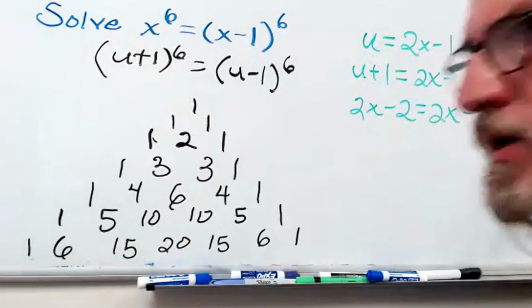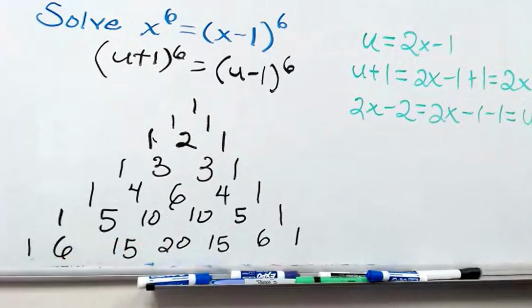So with the quantity u plus 1, all of that to the 6th power, I'm going to use these coefficients. And then with the u minus 1, all of that to the 6th power, I will see pretty much the same coefficients, except that when you have an odd power, the sign is going to change.